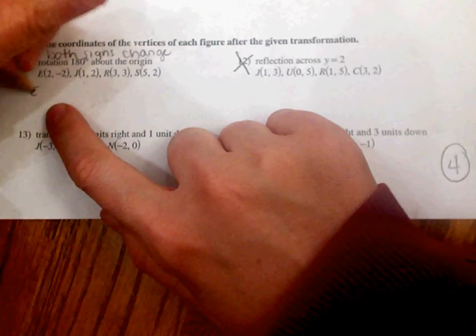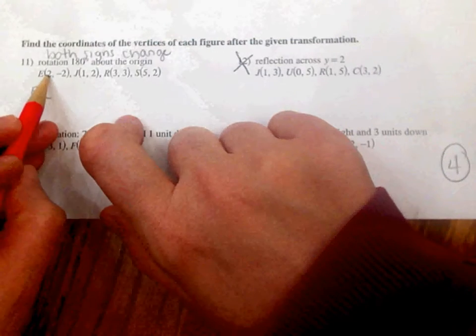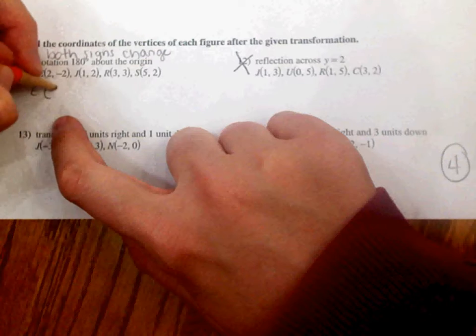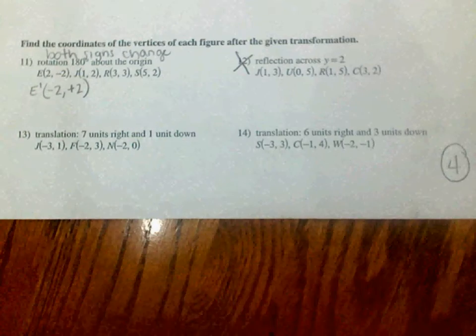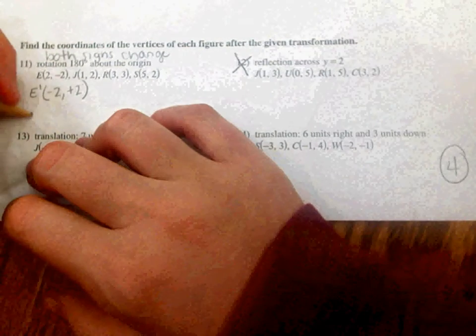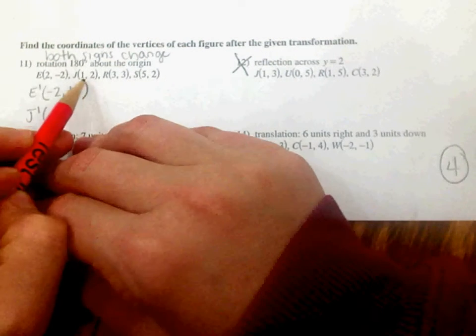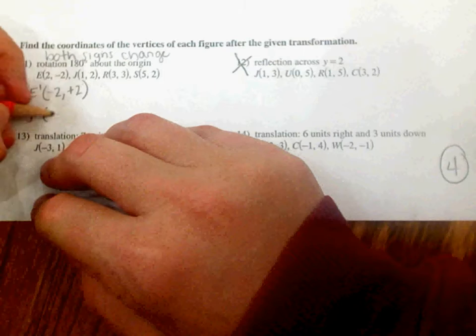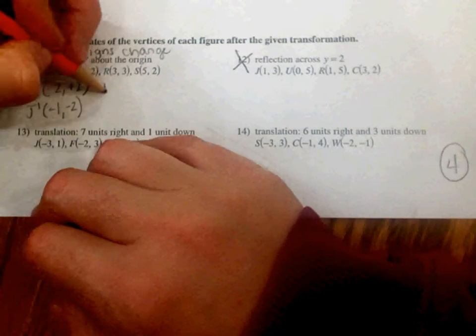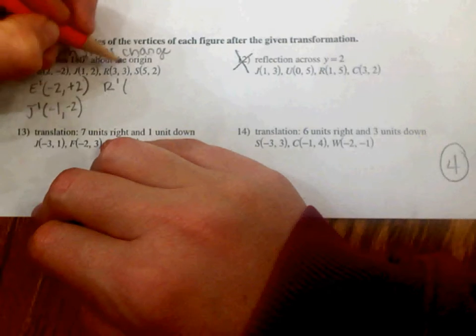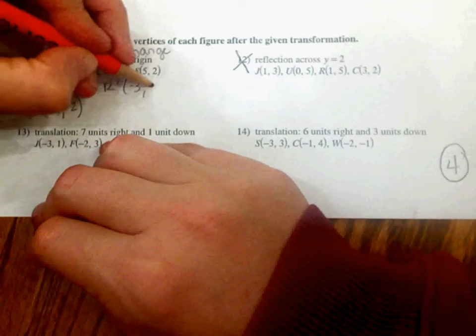So like for E prime, this positive 2 becomes negative 2, and the negative 2 becomes positive 2. For J prime, both of these are positive, 1 and 2, so they both become negative. You just change the sign. That's it. For R, positive positive becomes negative and negative.